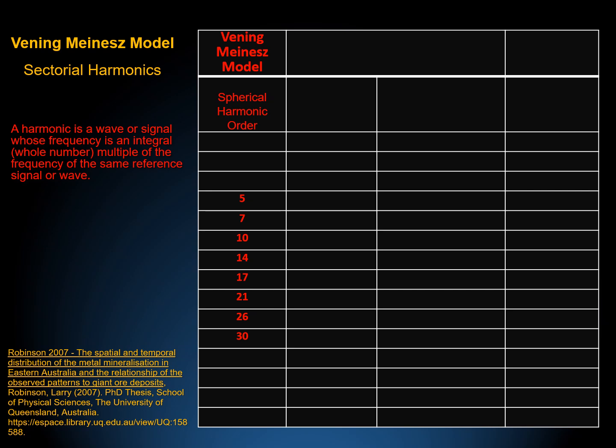As mentioned previously, Vening Meinesz had discovered the relationship between spherical harmonic order and Rayleigh-Benard convection in the mantle. However, as discussed in the next few slides, Vening Meinesz seemed to be unaware of the relationship between Rayleigh-Benard convection and aspect ratio 2.